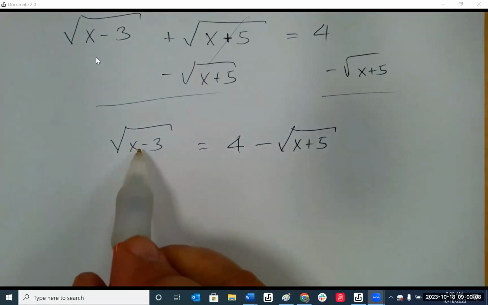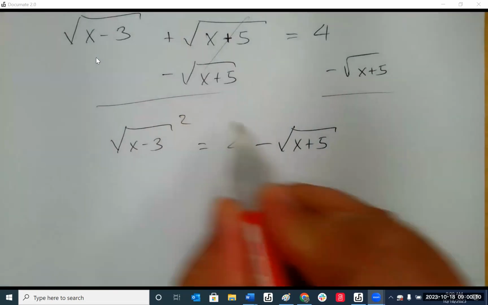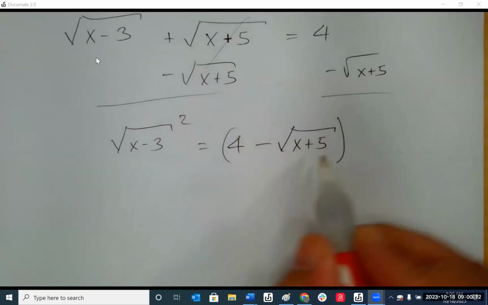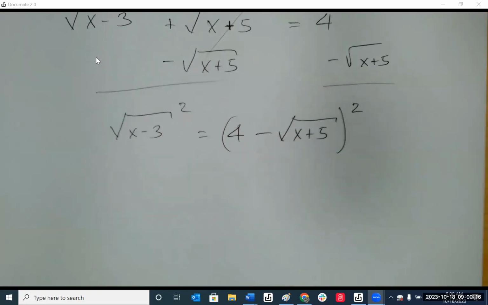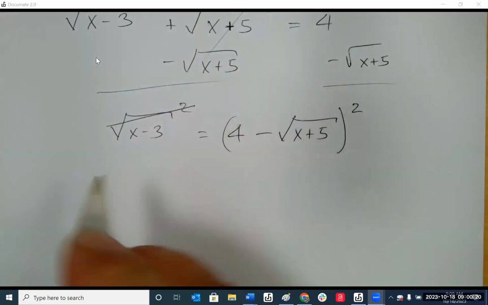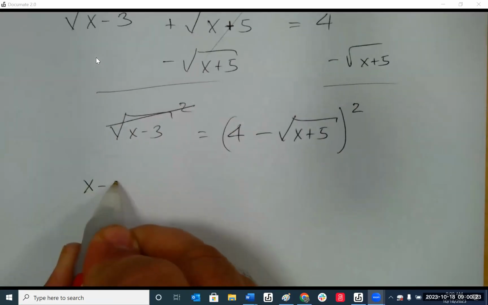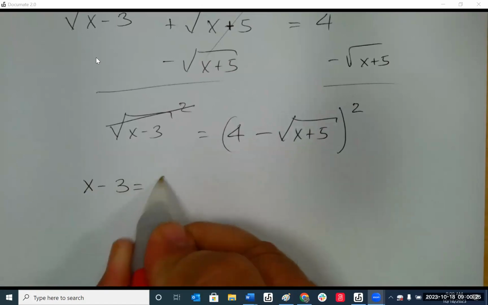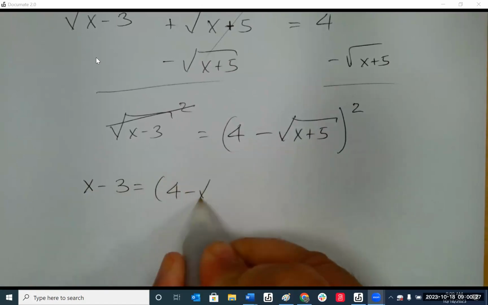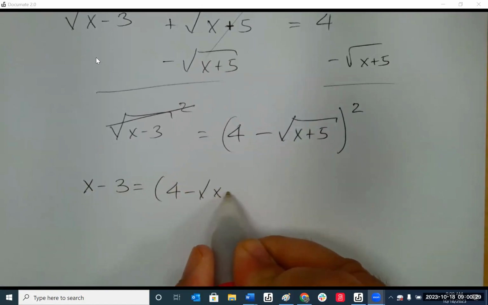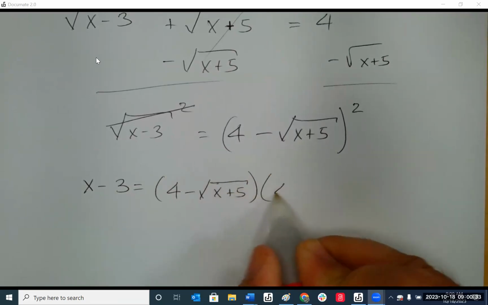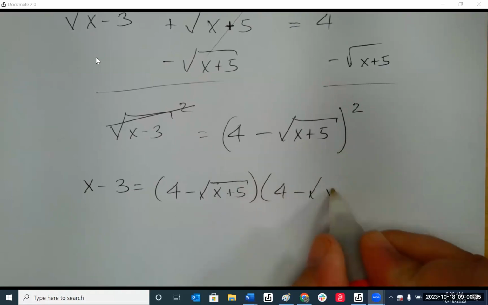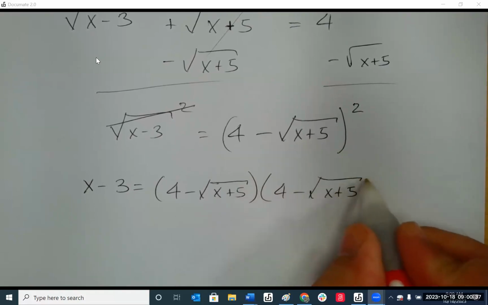We isolated the radical, so we square both sides. Since that's an equation, I got to put in parentheses. Square root and the square cancel, so I have x minus 3. 4 minus radical x plus 5 times 4 minus radical x plus 5.